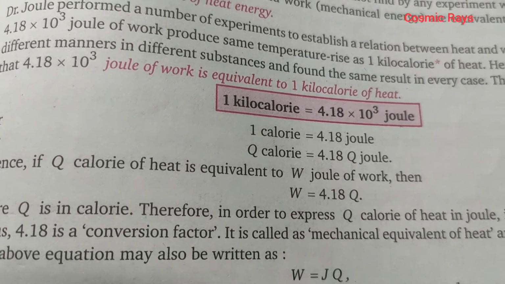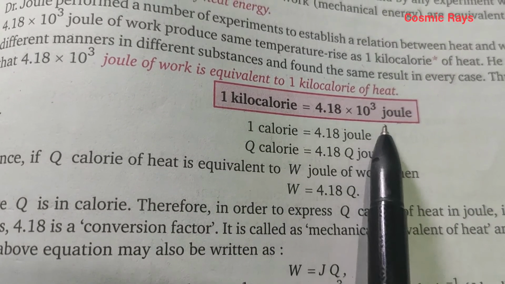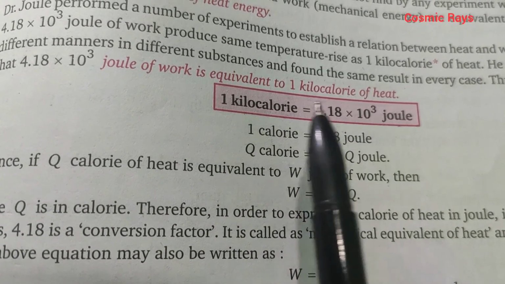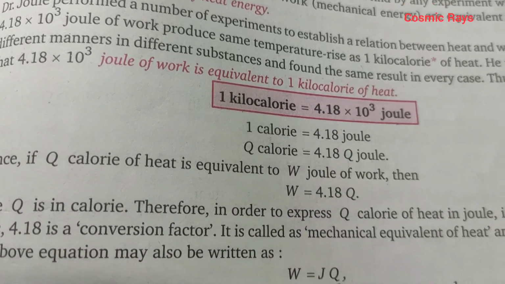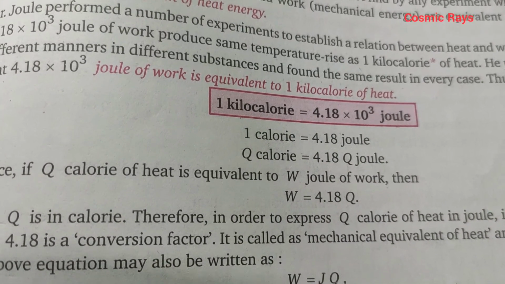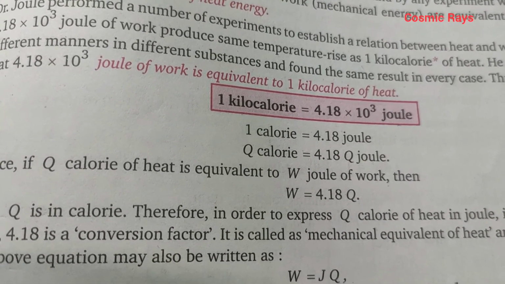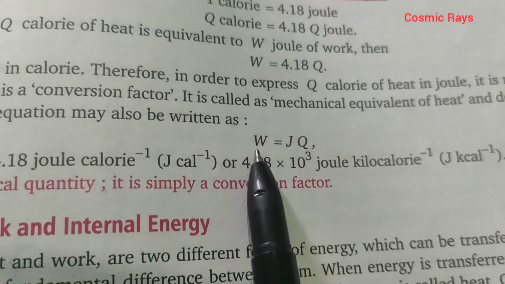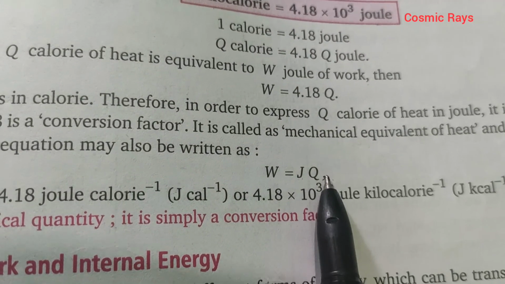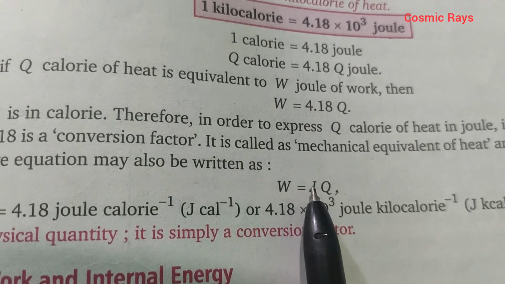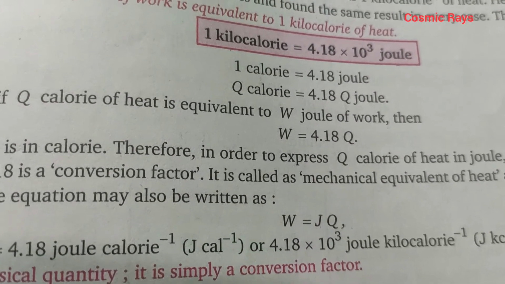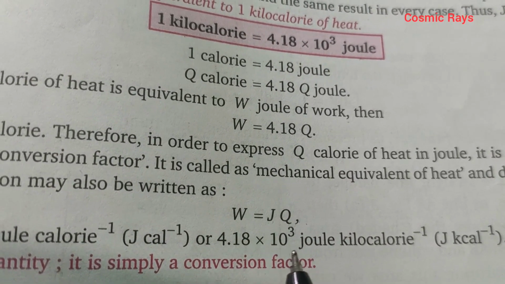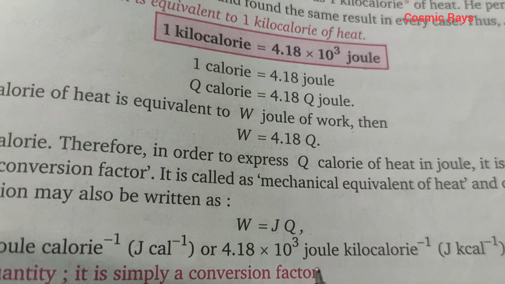So, this is the relation between kilocalorie and joules, that is heat and work done. We write it as W is equal to JQ, where the value of J is 4.18 into 10 raised to the power 3 joules.